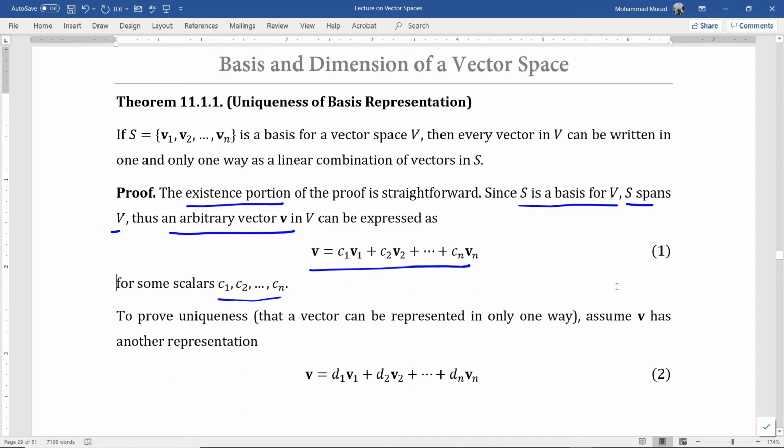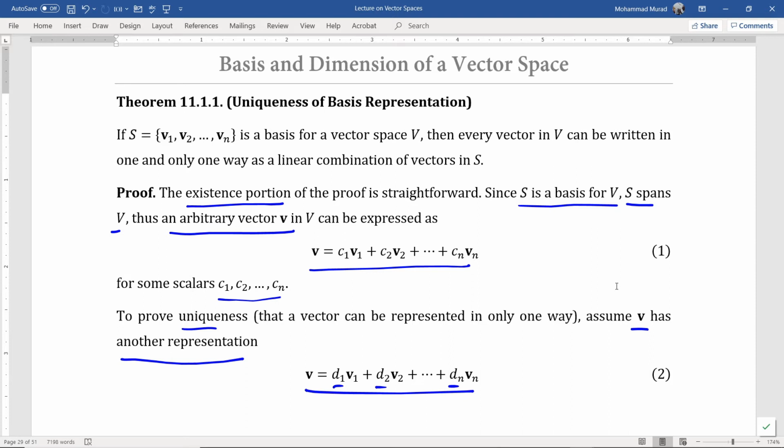To prove uniqueness, we assume v has another representation, as shown in equation 2. Let's assume that v can also be written as a linear combination of the vectors in S, as shown in equation 2, for some scalars d sub 1, d sub 2, all the way up to d sub n.